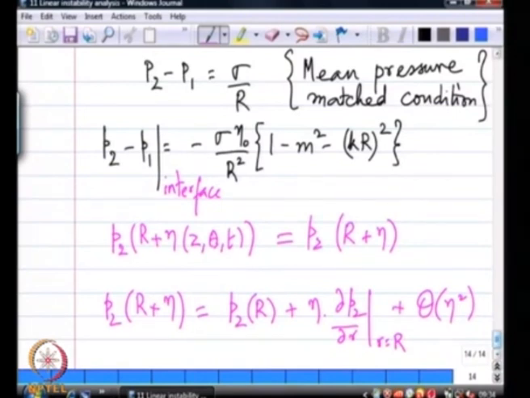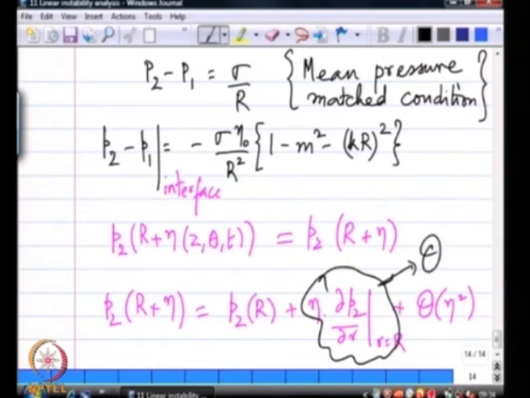Now, P2 itself is a perturbation quantity. P2 itself is order eta or order epsilon quantity. So this term is order eta squared already.